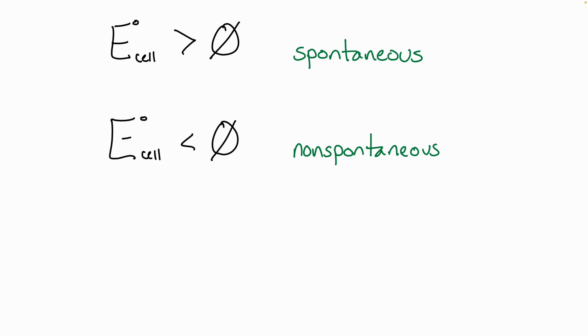All right, but remember, if it was non-spontaneous, that simply meant it was spontaneous in the reverse direction. All right, which in the world of batteries quite simply means that you swapped your anode and your cathode. Your electrons are flowing the opposite direction of the way that you thought, right? The reaction's actually going the other direction in terms of our flow of electrons.